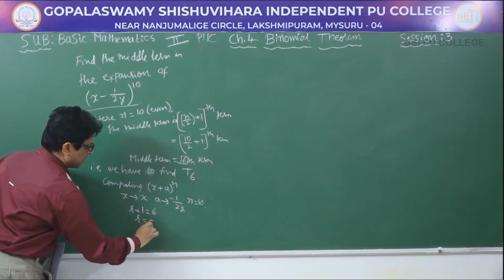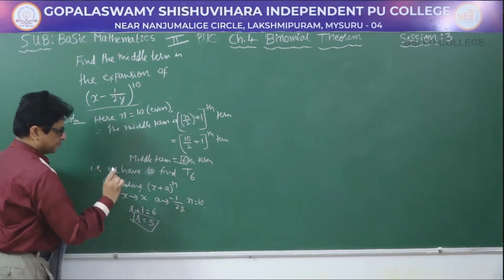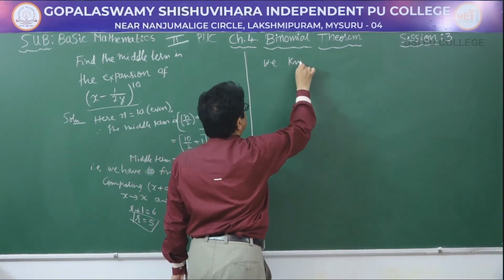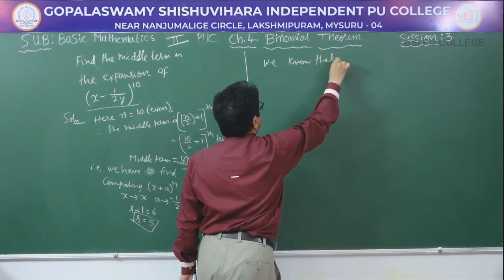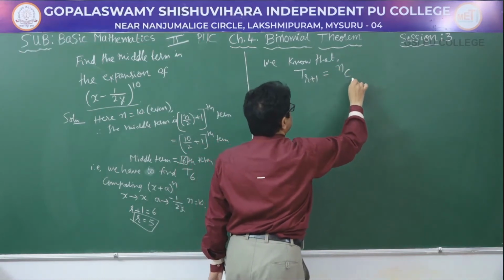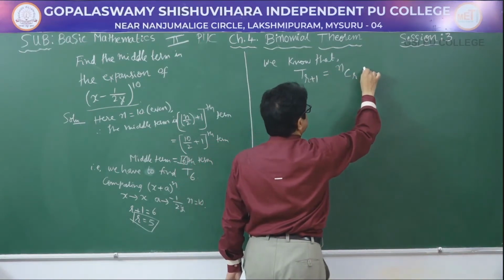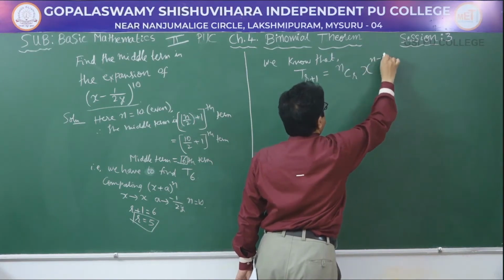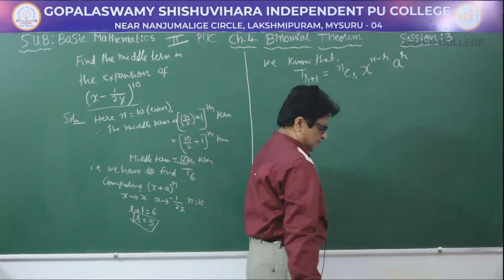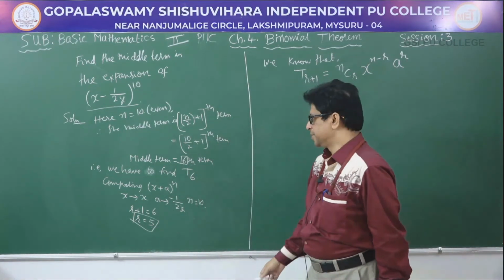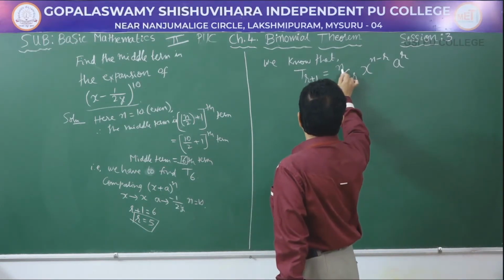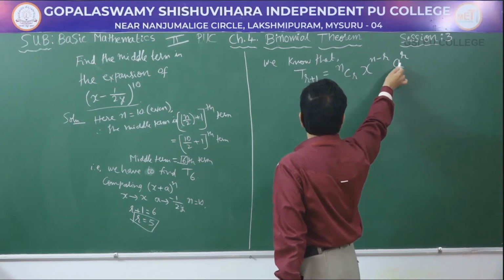So, r will be equal to 5. We know that T(r+1) is equal to nCr x^(n-r) a^r. We have to substitute the values of r, n, x, a.